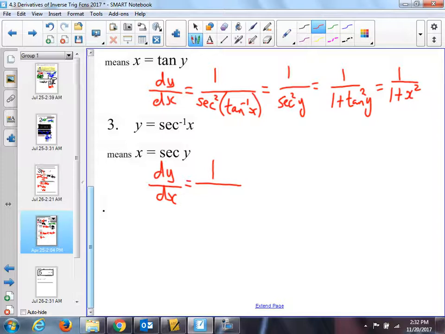Okay. Anyways. Now I'm going to skip this middle step here just for brevity, I guess. Maybe I shouldn't. Okay, I won't. Secant tangent, yeah.